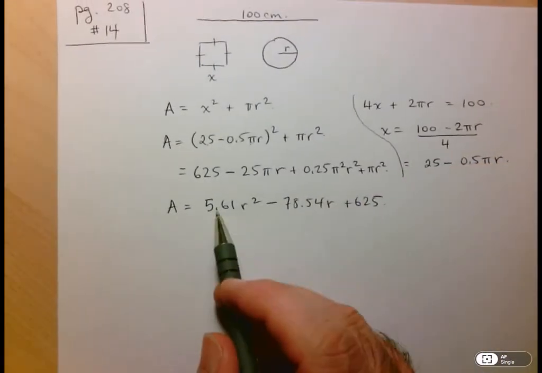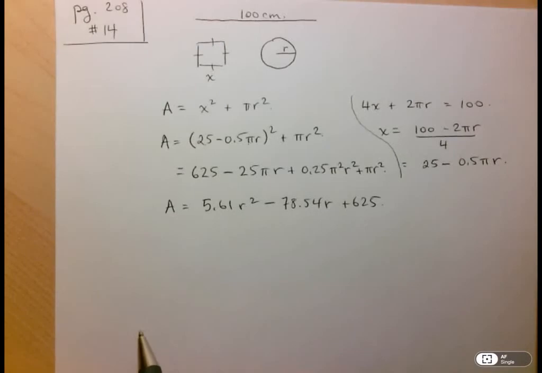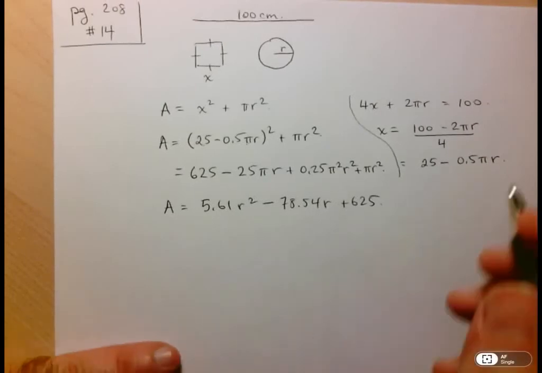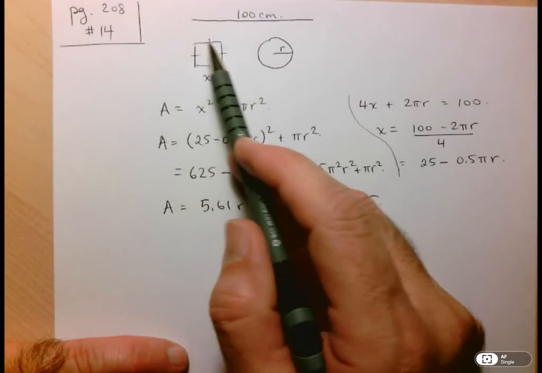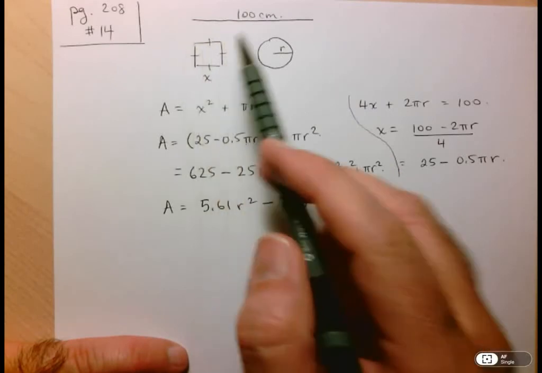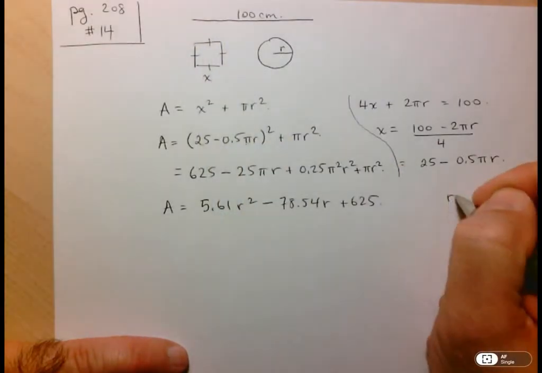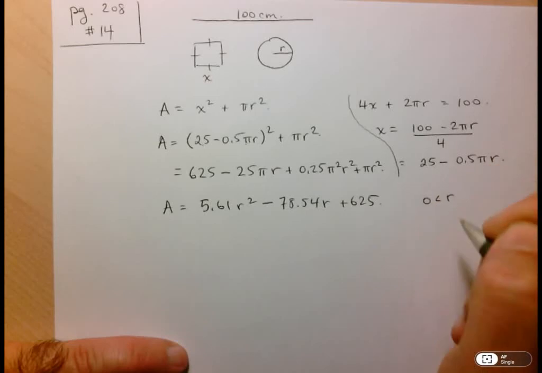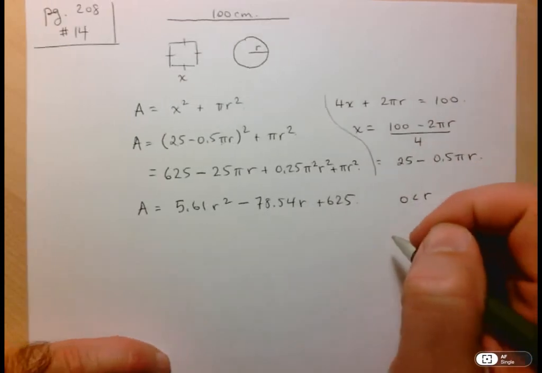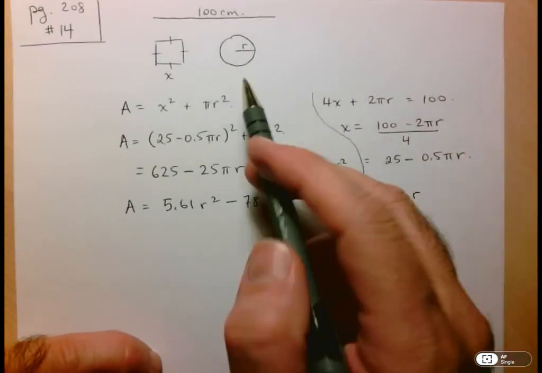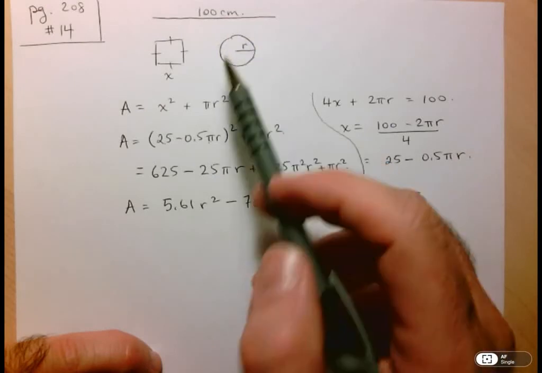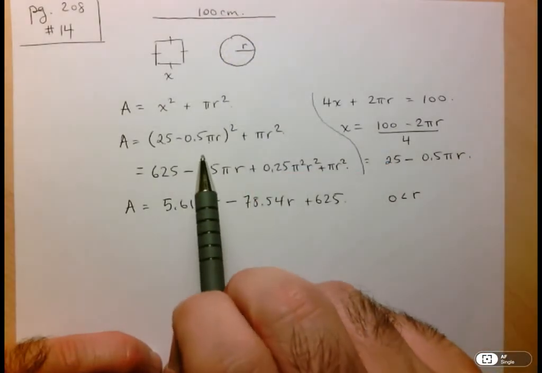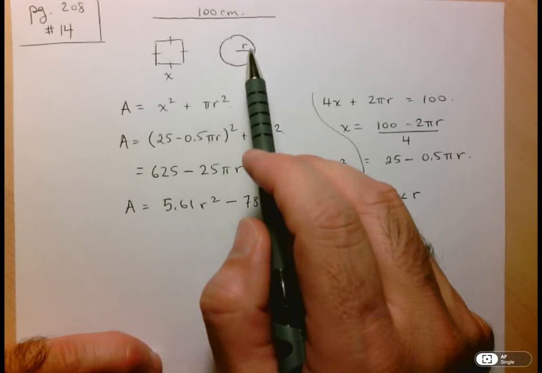Now let's think about constraints on the variable. If there's no circle at all, that means the whole wire is used to make a square, so r has to be bigger than or equal to 0. And if the whole wire is taken up with the circle, the circumference is 100 centimeters.